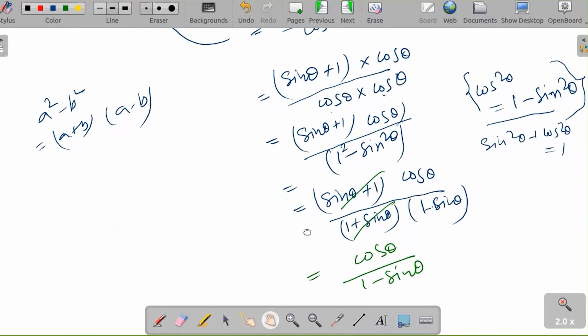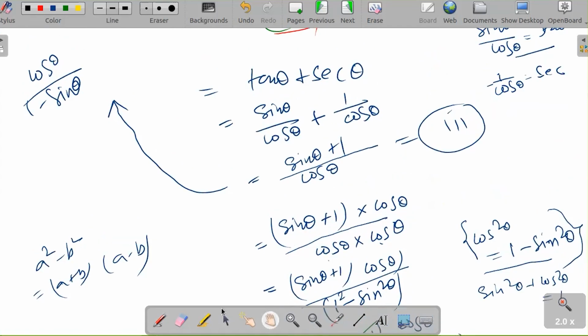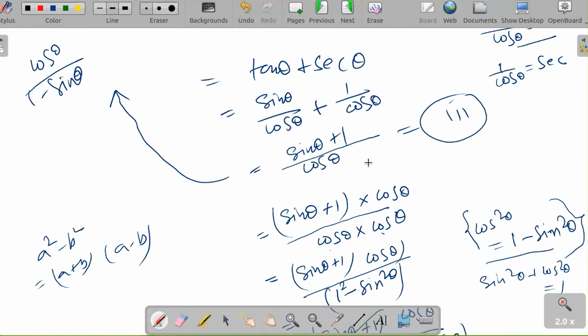We proved that, but again, you will all think, I did not tell you, I just multiplied by cos theta randomly. But why did we do that? We can multiply by cos, tan, sec, anything. But why cos? Because my strategy was that I have to bring 1 minus sine.